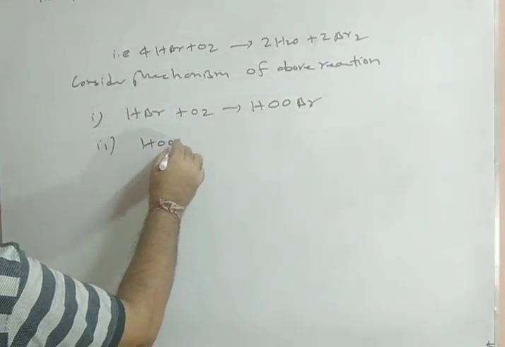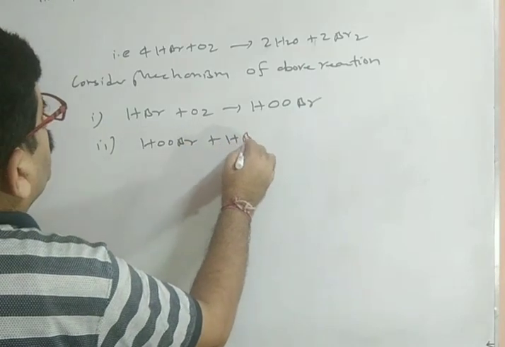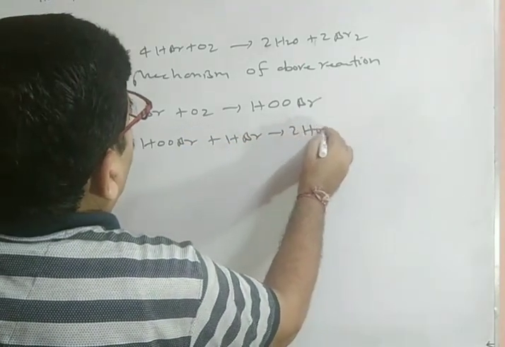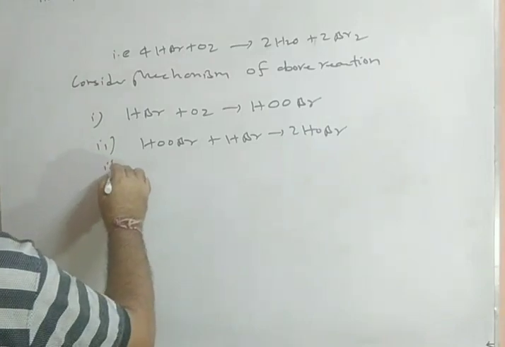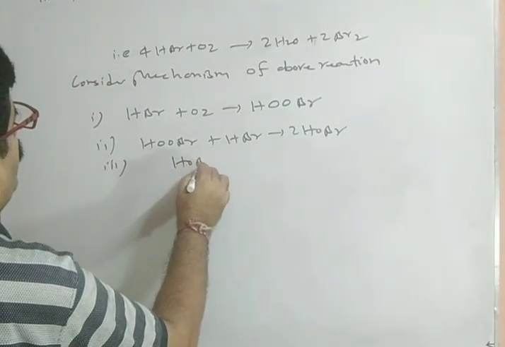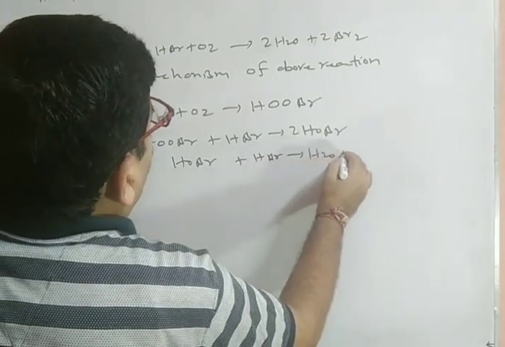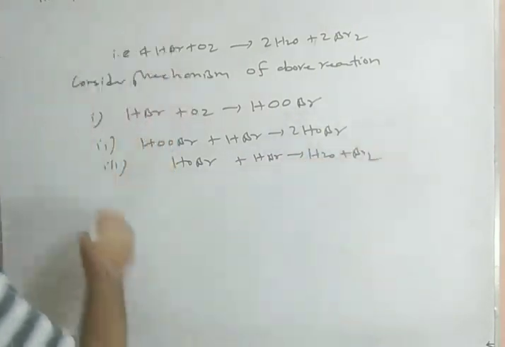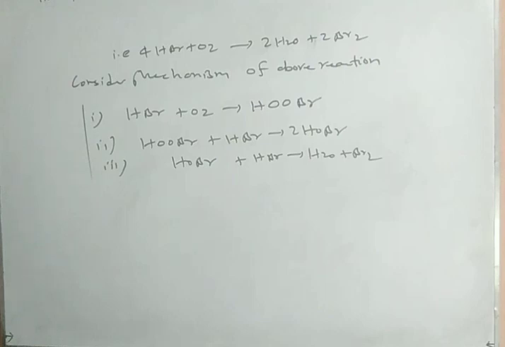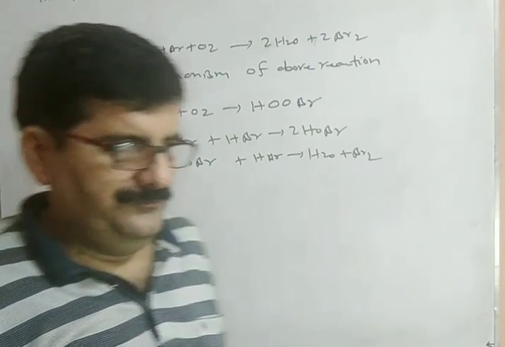Second, HOOBr plus HBr gives 2HOBr. Third, HOBr plus HBr gives H2O plus Br2. If we add such equations, we obtain our original chemical reaction.